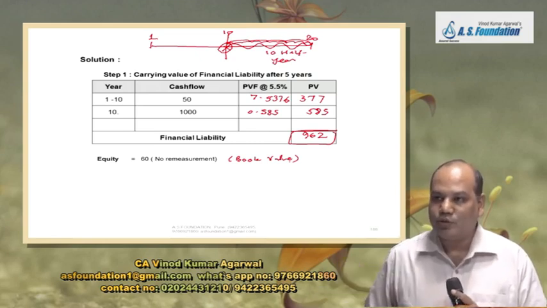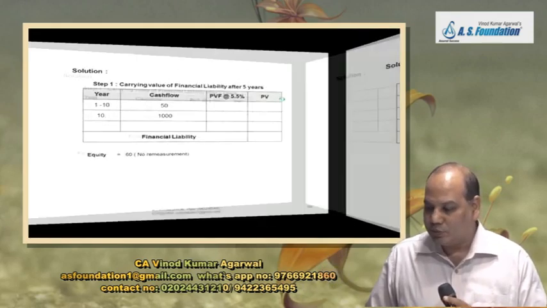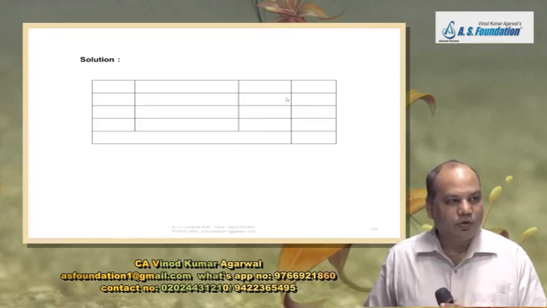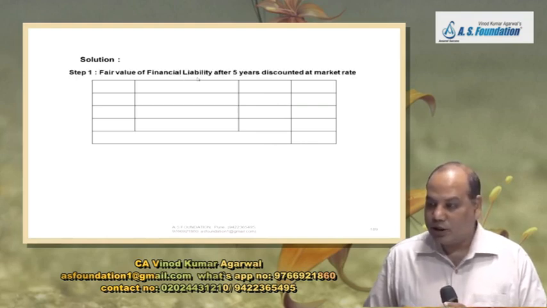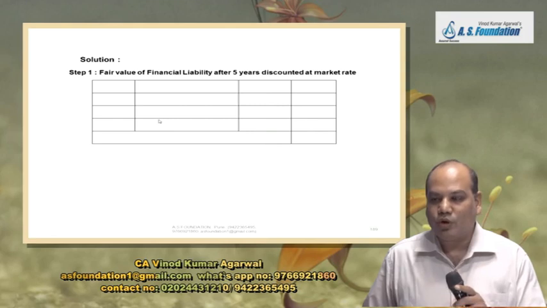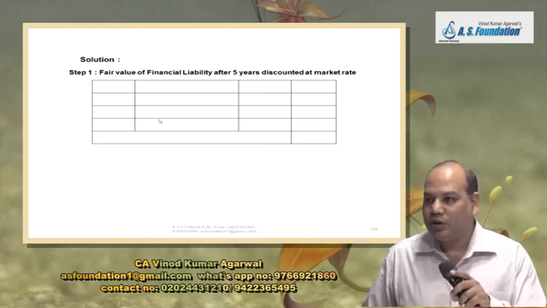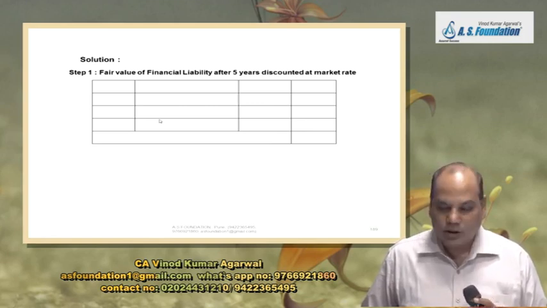Same calculation you do for finding the fair value on this date, the liability portion. Total fair value of the instrument is 1700, but out of that, how much is liability? That we can find out only by computing the present value of remaining cash flow at 4% discount rate for 6 months. Okay, start.